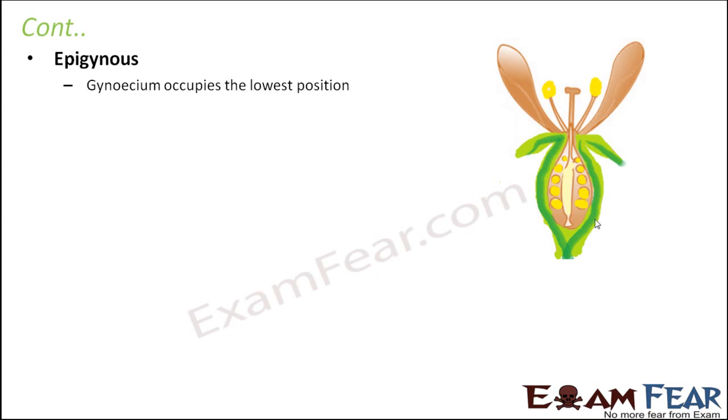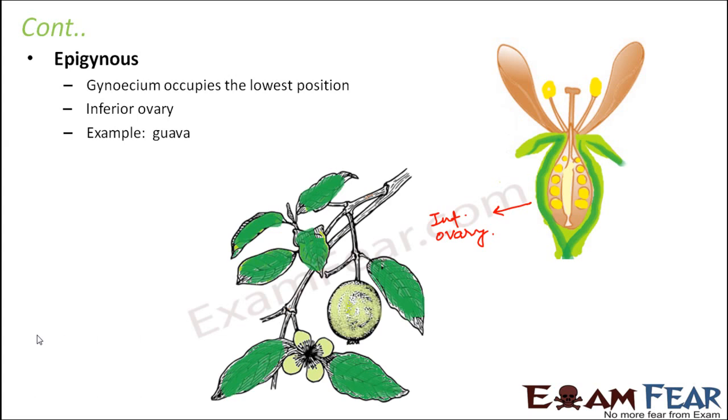So only the gynoecium part or the carpel or the ovary lies at the bottom. So this is an inferior ovary. Right? So you can understand the difference between the two, hypogynous and epigynous. An example of a plant which has epigynous flowers is guava.